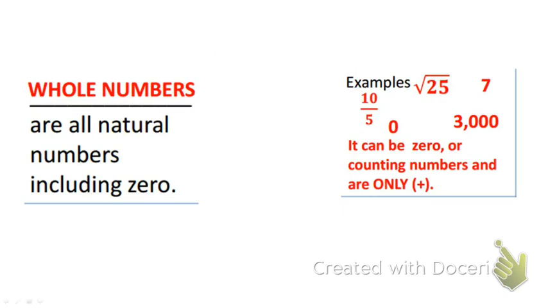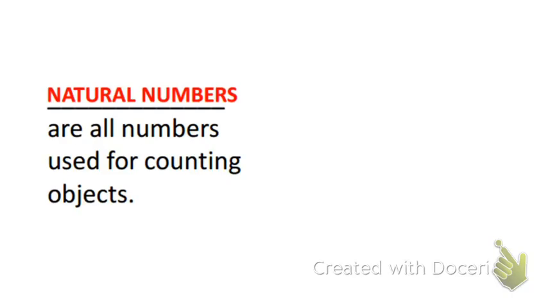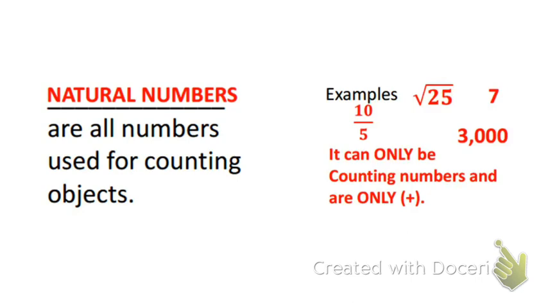Next, we have natural numbers. Natural numbers are your counting numbers. So if you were to count your fingers, you don't start off at 0, 1, 2, 3, 4. You start off counting with 1. So natural numbers start off at 1.